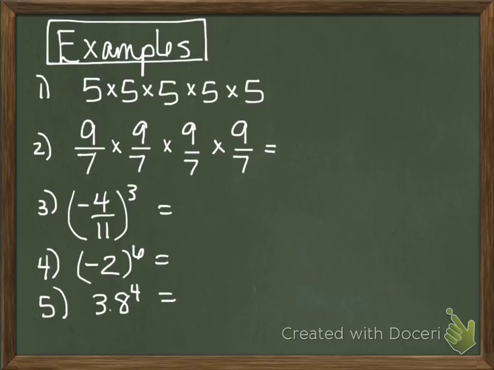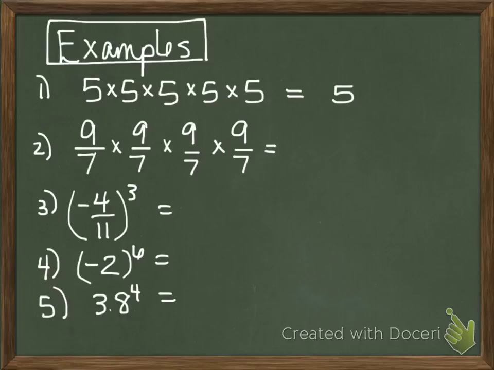Here's some examples. They're not in your notes yet. We're not into your classwork yet, but we're going to work through these together. So in the first case, we've got 5 used as a factor 5 times. If I wanted to write that in exponential notation, then I would write my base of 5 and raise it to the power of 5.